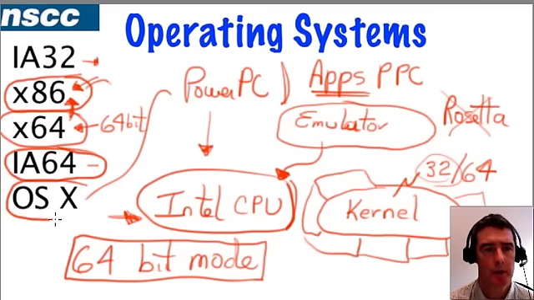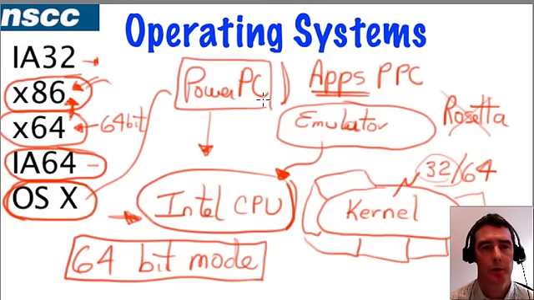OS X, when it started, the CPU platform was called the PowerPC, which started coming out as a 32-bit operating system, evolved to a 64-bit operating system.